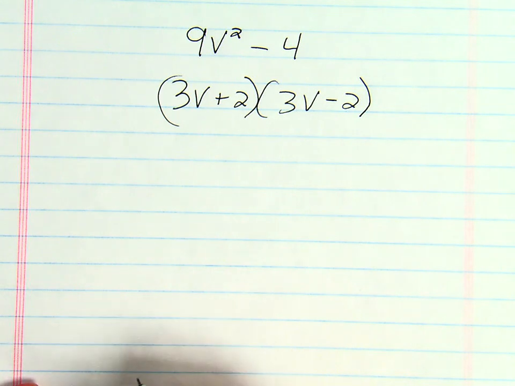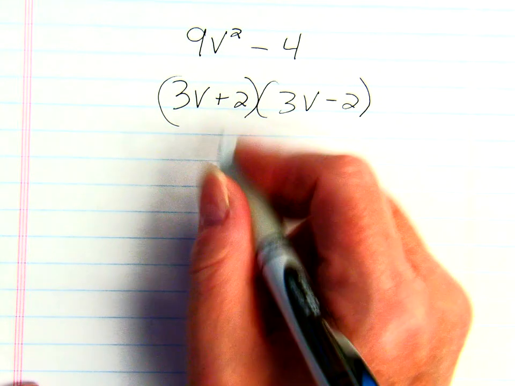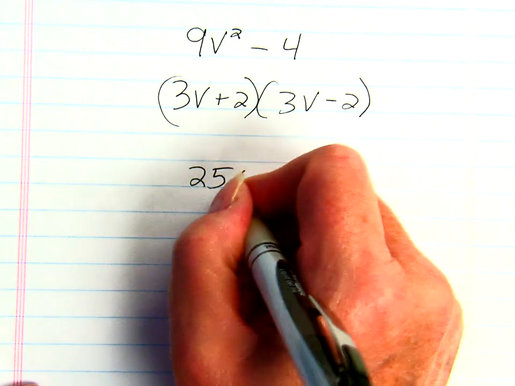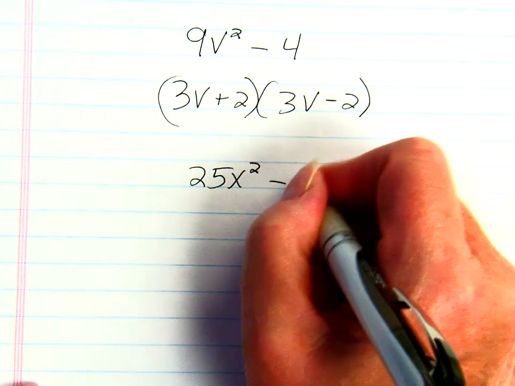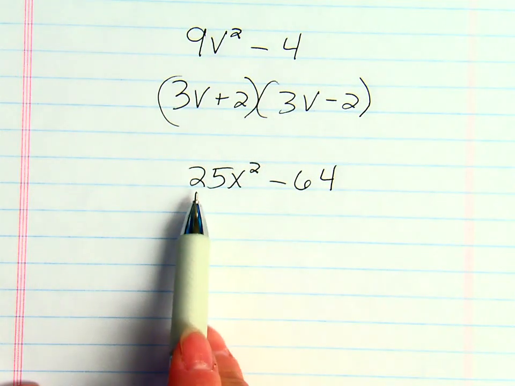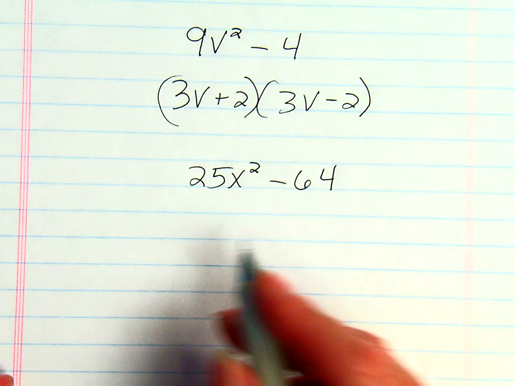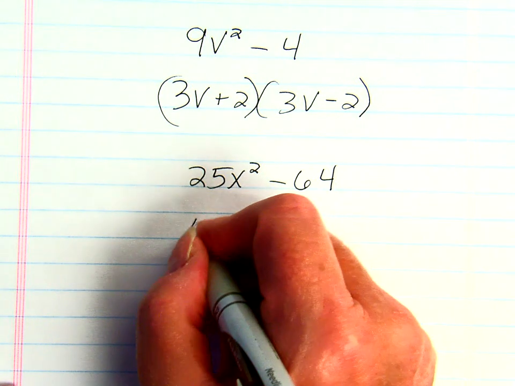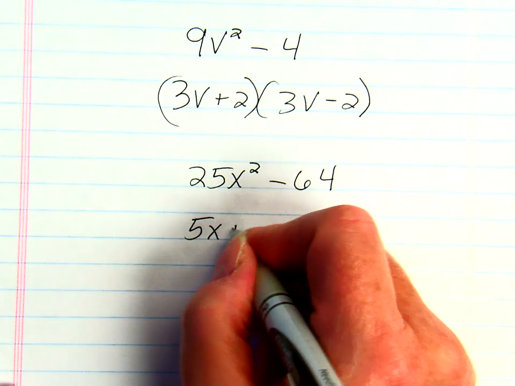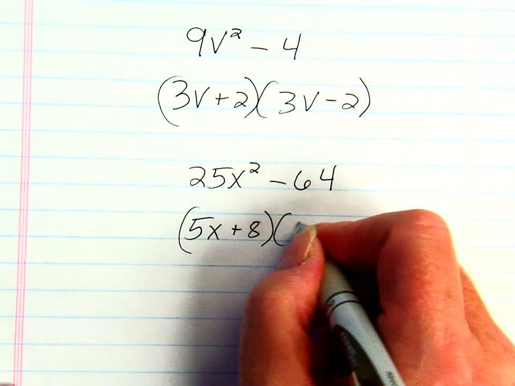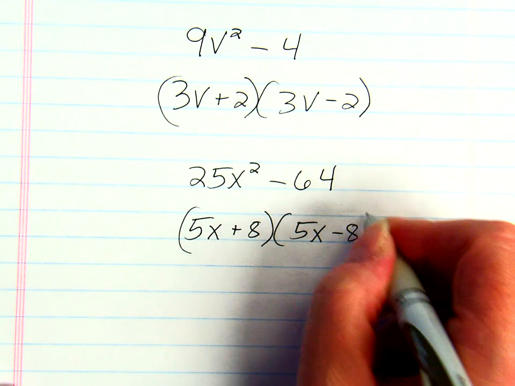Let's do 25x squared minus 64. Again, perfect square, perfect square, perfect square. No b term, no middle term. So this becomes (5x plus 8)(5x minus 8).